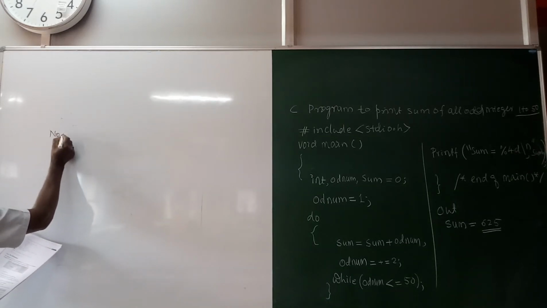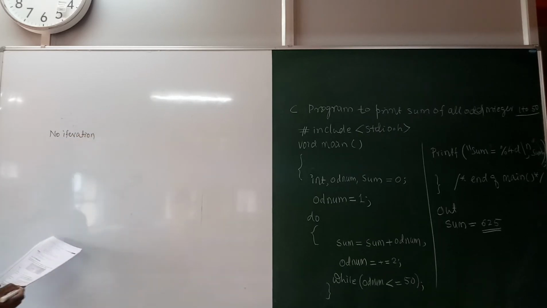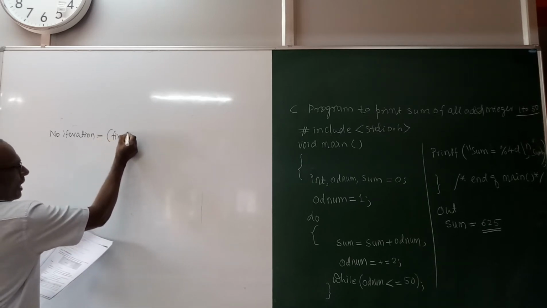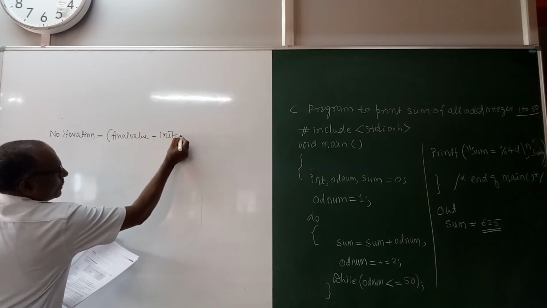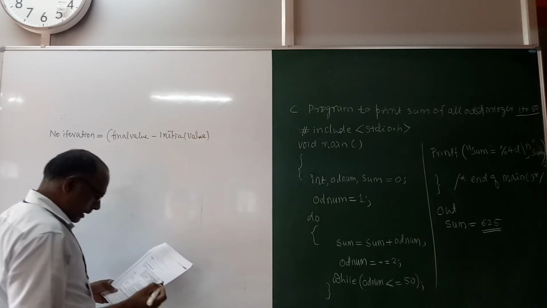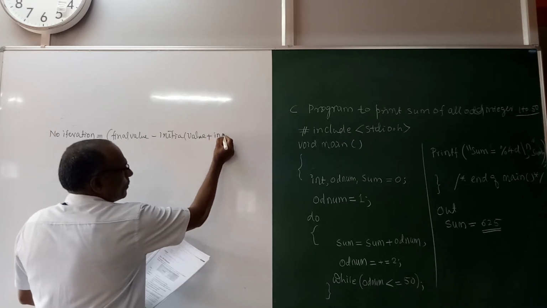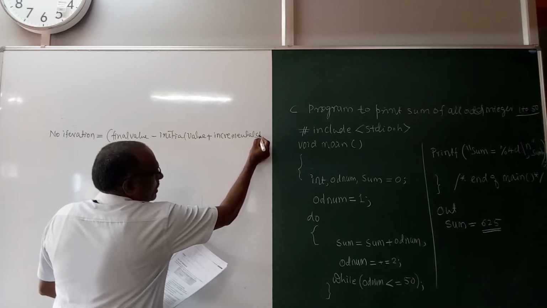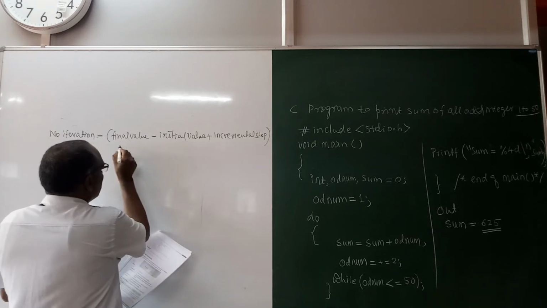Number of iterations, that is repetitions, is equal to the final value minus the initial value, plus the incremental step, divided by the step increment.